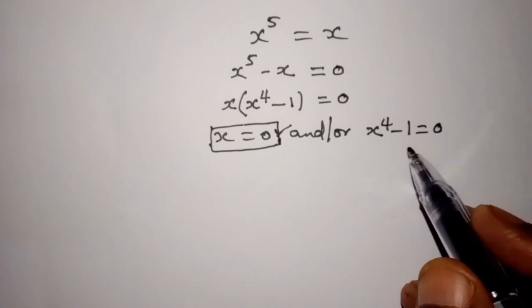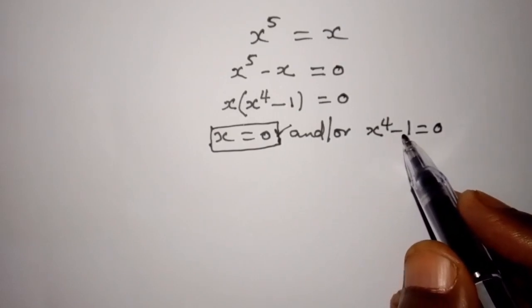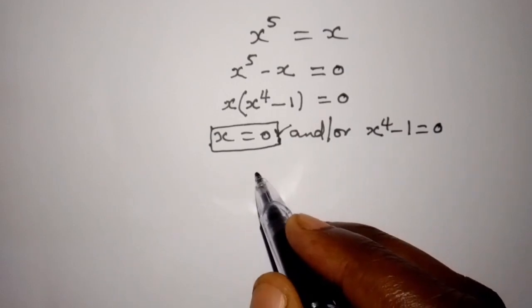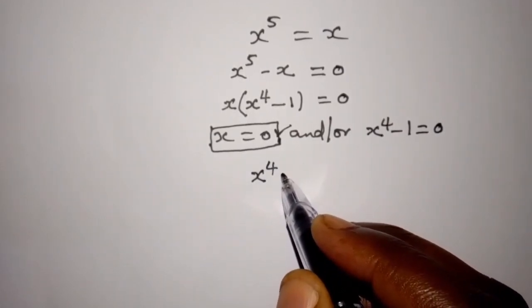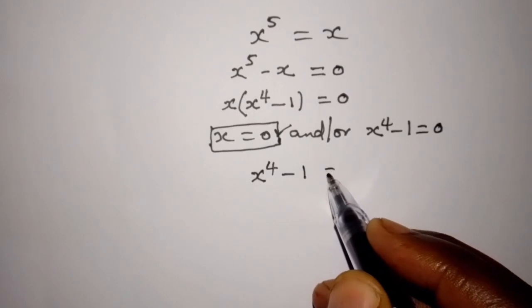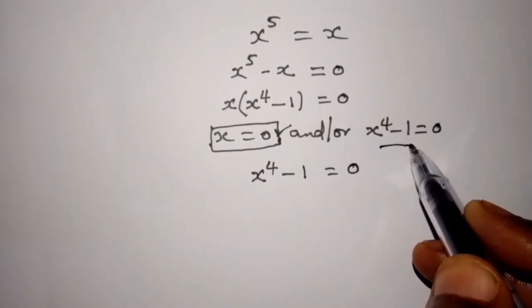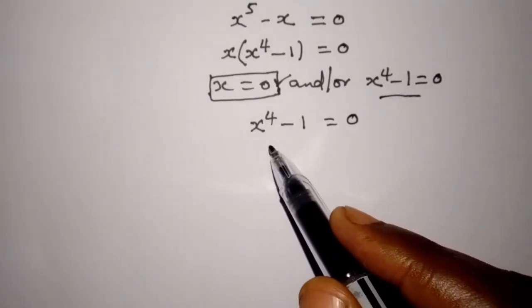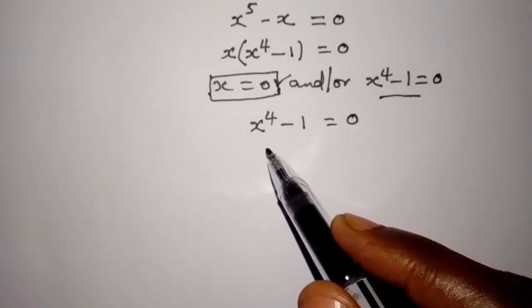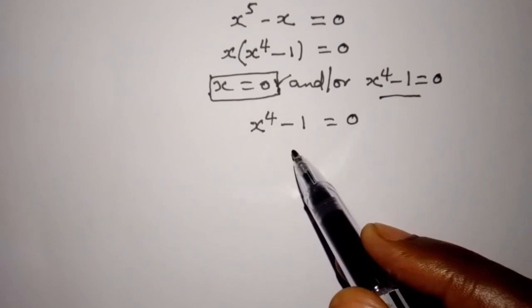So now let us deal with x power 4 minus 1 is equal to 0. This one here, we can write in the form of the difference of two squares.